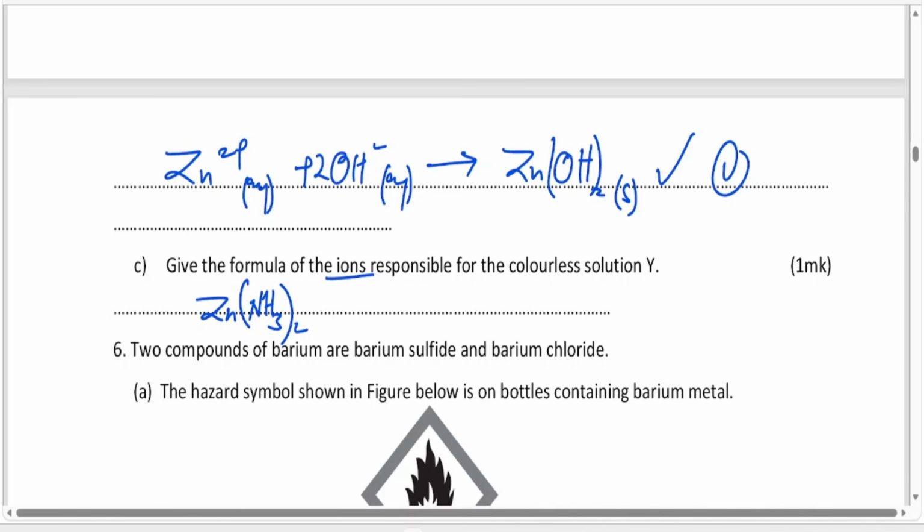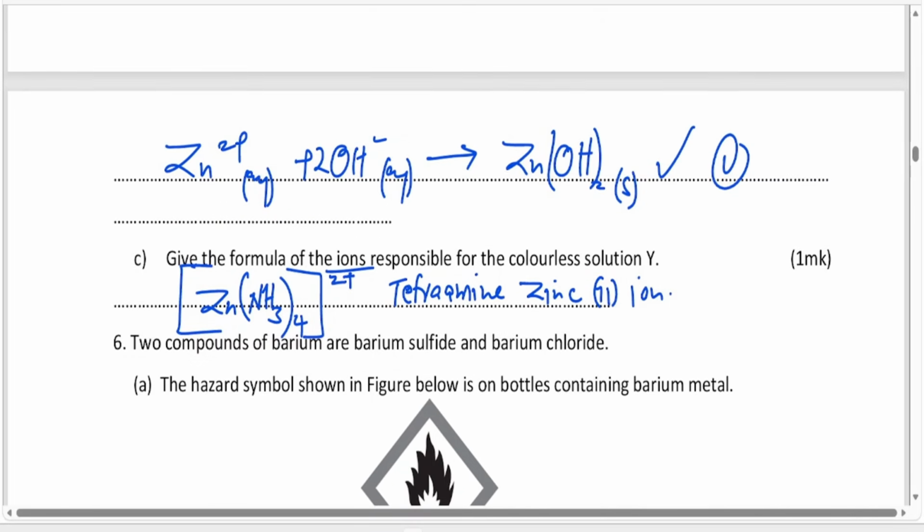So this is 4, and then we have a charge of 2 positive. So that is the formula of the ions responsible for the colorless solution. We call it tetraamine zinc 2 ions. Please, if you are not taught to name, do not give it a name.